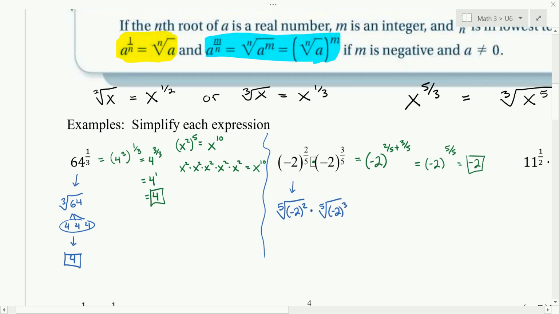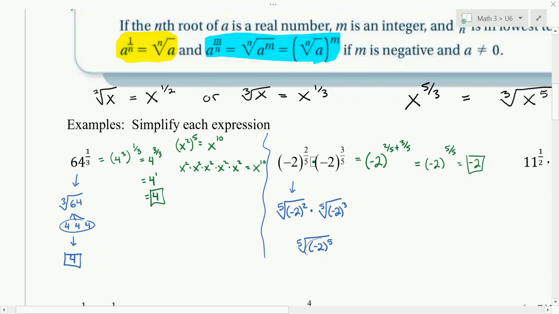So I have two of the -2's underneath the first fifth root and 3 of the -2's underneath the second fifth root. If I multiply these together, I'm going to get the fifth root of -2 to the what power? How many -2's will I end up with? 5. 2 plus 3. And I'm looking for a set of 5 things.